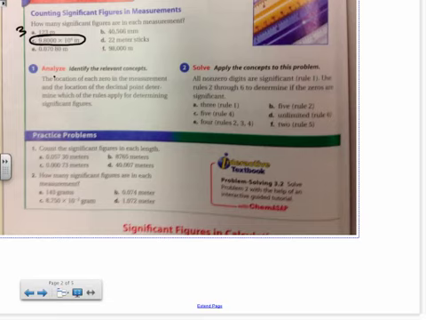And so on this particular one, they're all going to be significant. You can also just think of it too, is they are what I call trailing zeros after the decimal point. Trailing zeros after the decimal point are significant. This part is never anything we worry about. That's just telling us where the places are. So we're just looking at that first part. And in this one, we're going to have 5 significant digits.